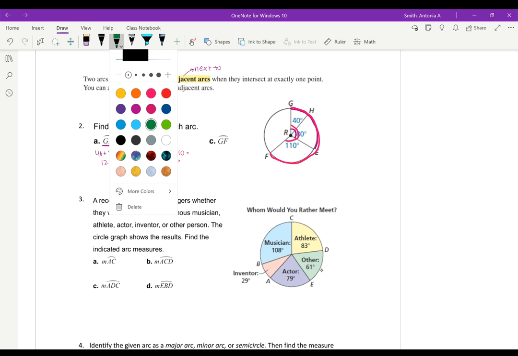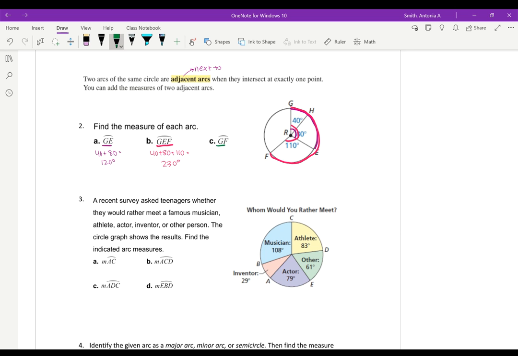And then last one, GF. So this is different than B because I'm not going around the long way. I'm going the shortest possible way between G and F. Because this is a minor arc, it only has 2 letters. I want this piece right here. Now this is the only angle that we don't have a measure for. But I know what the rest of the circle is, so I can find out how big this piece is.